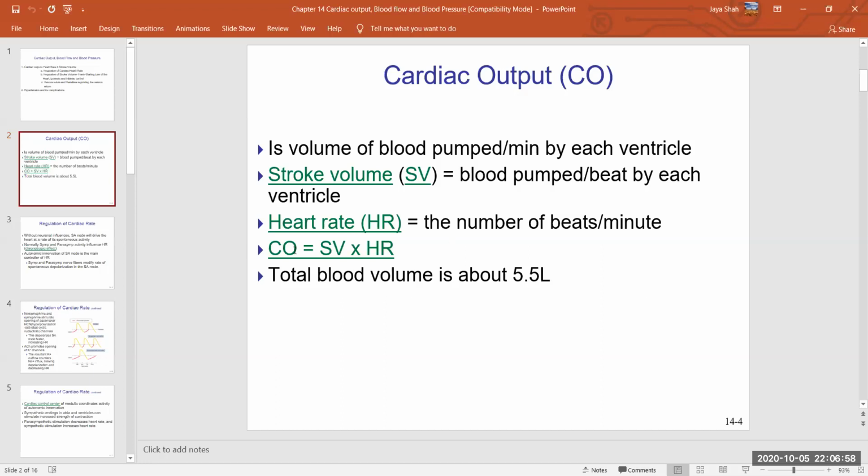Again, cardiac output is the amount of blood pumped in 1 minute, stroke volume is the amount of blood pumped with each contraction of the ventricle, and heart rate is how many times your heart beats in 1 minute. Total blood volume is about 5.5 liters, which means every minute 5.5 liters of blood is pumped all over your body.